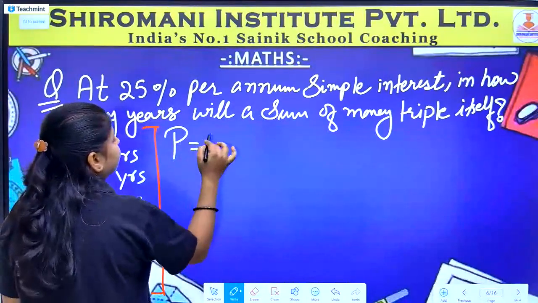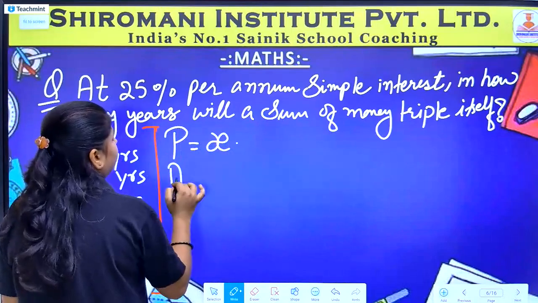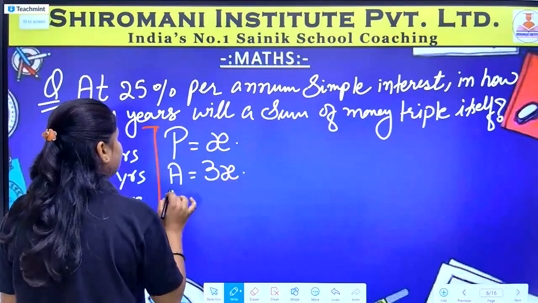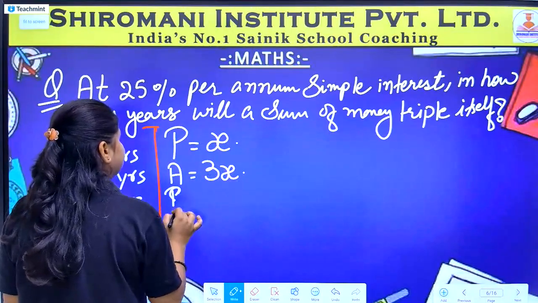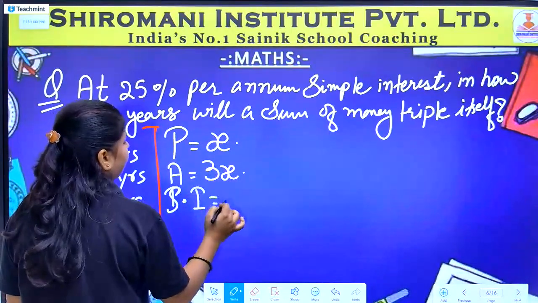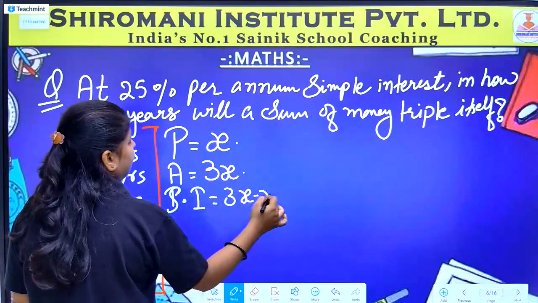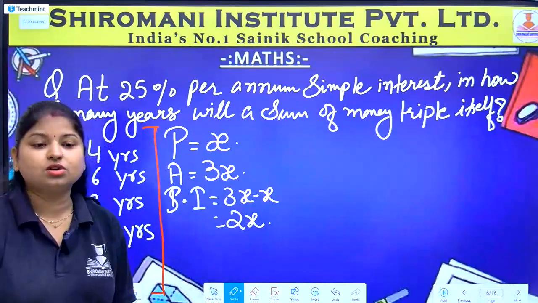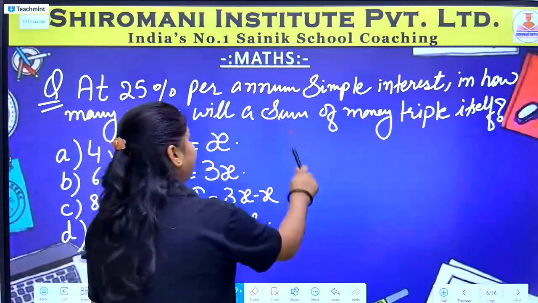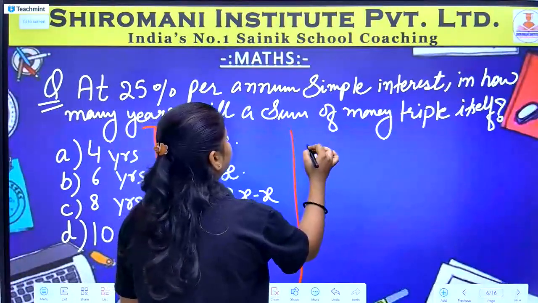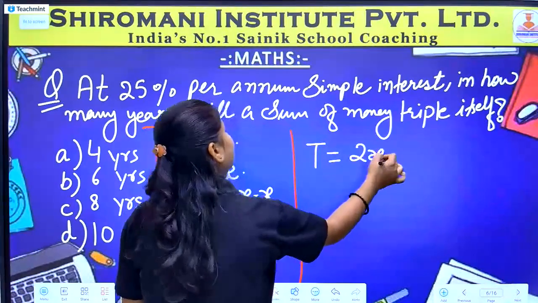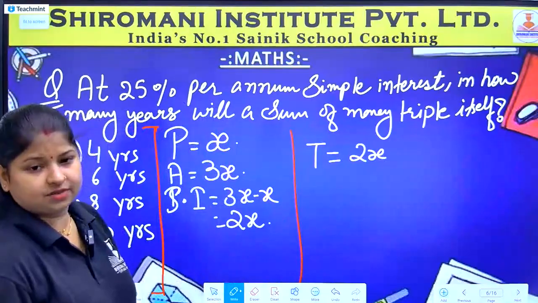If my principal is x, my amount becomes 3x. That means my simple interest would be 3x minus x, that is 2x. Simple interest is 2x, right?